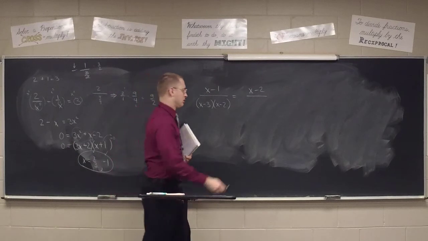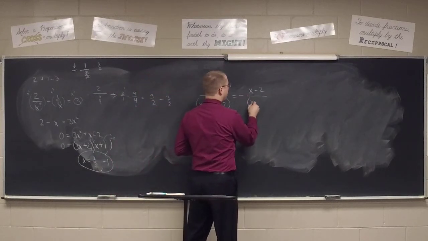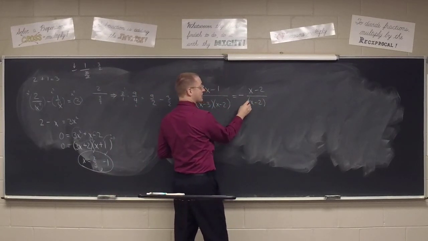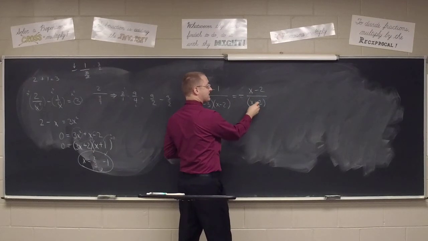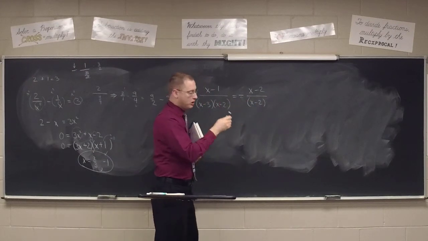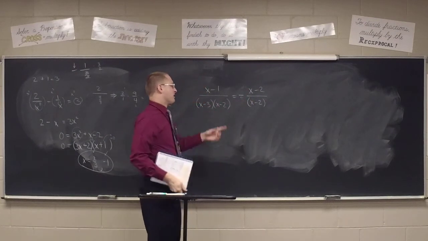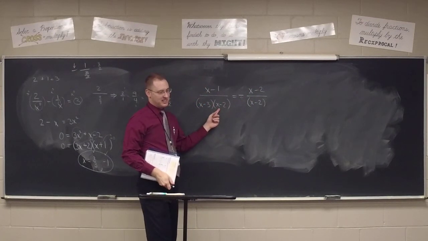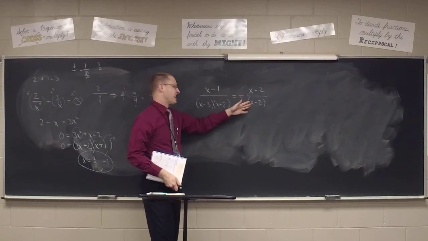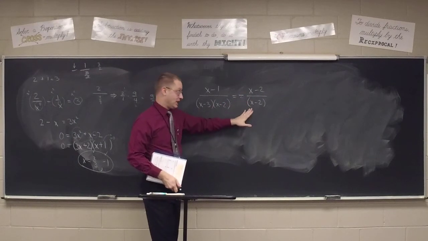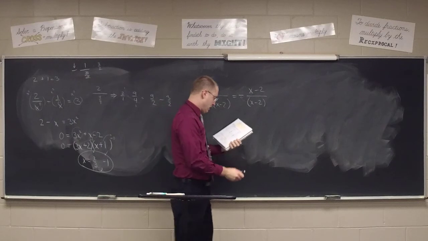Negative times quantity x -3. Right, I'm going to factor out the negative. I'm actually going to slide it all the way out here and make it an x -2. Now, everything in me wants to cancel right here. But I've already got an x -2 here, that if I were to cancel, I just have to put it back in. So I'm actually not going to cancel the x -2's, though I could.